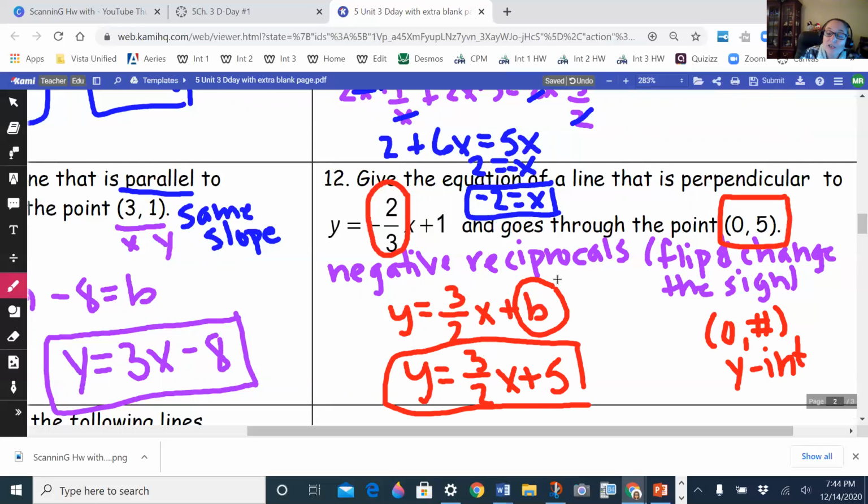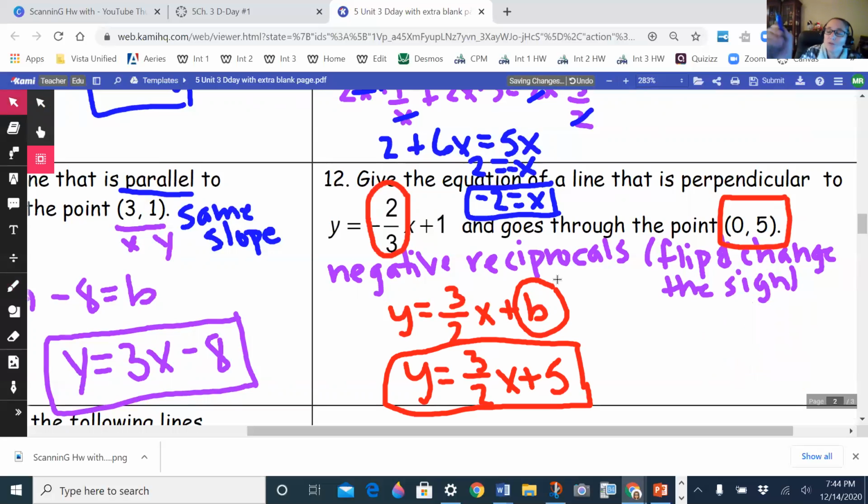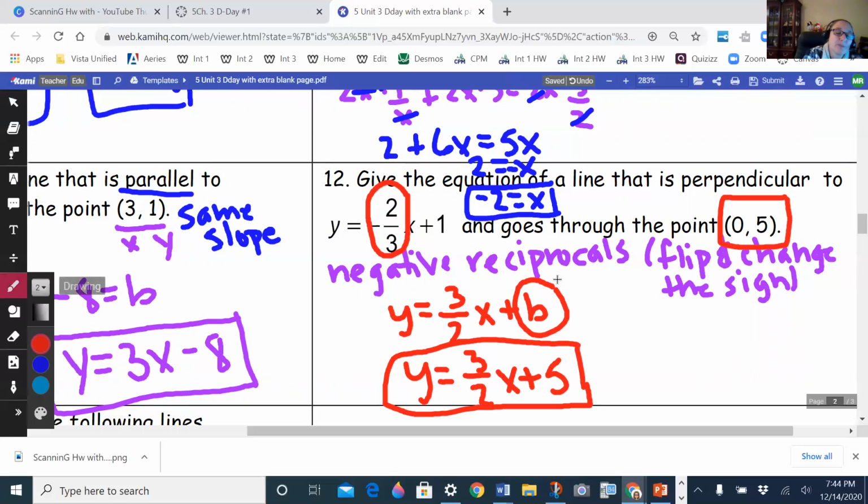Now, if you don't recognize that, then you're going to do what I did in the last problem. So let me just get rid of this. In case you aren't paying attention, you're just doing the math and you didn't notice that, I would then put 5 in for my y, 0 in for my x.